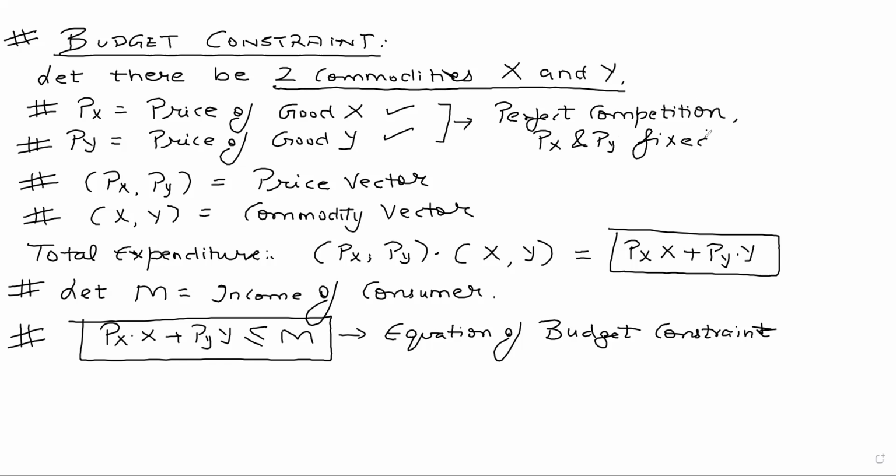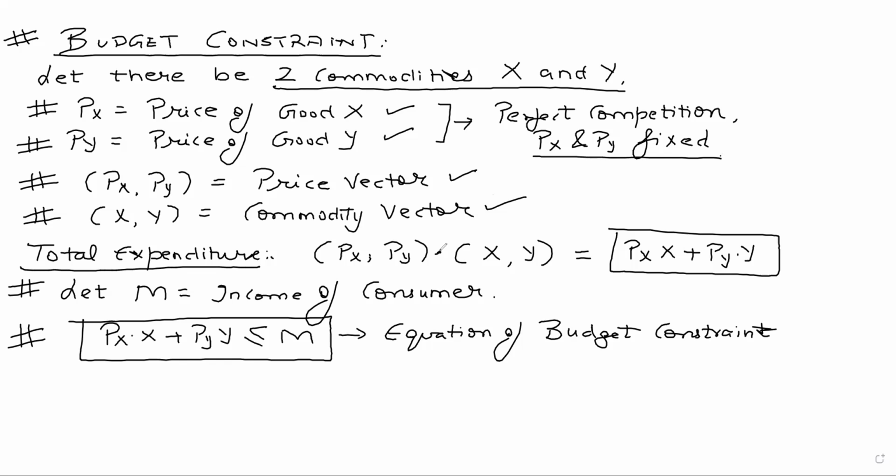This is my price vector, and this is my commodity vector. Define total expenditure as the dot product of the price vector with the commodity vector, which is Px into X plus Py into Y. Let M denote the income of the consumer, which is also fixed.